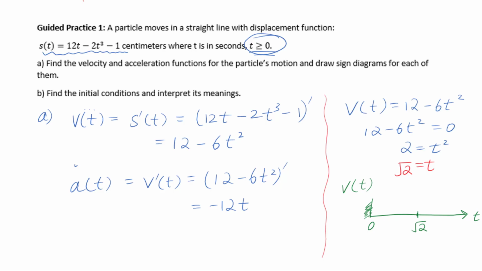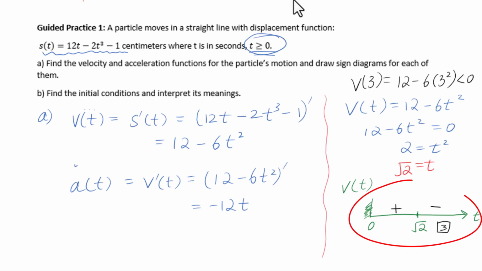Let's choose a number, 3, then plug back in. Velocity of 3 equals 12 minus 6 times 3 squared, which is less than 0. This is a negative. This is a positive. This is the sign diagram for velocity.